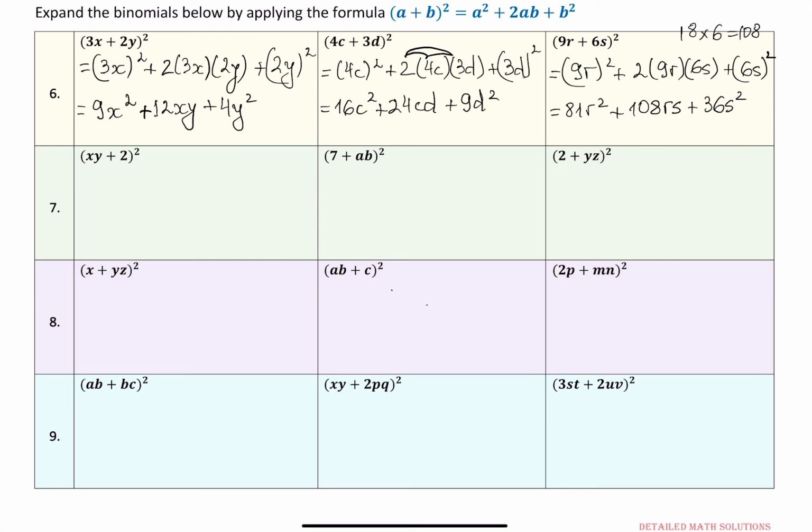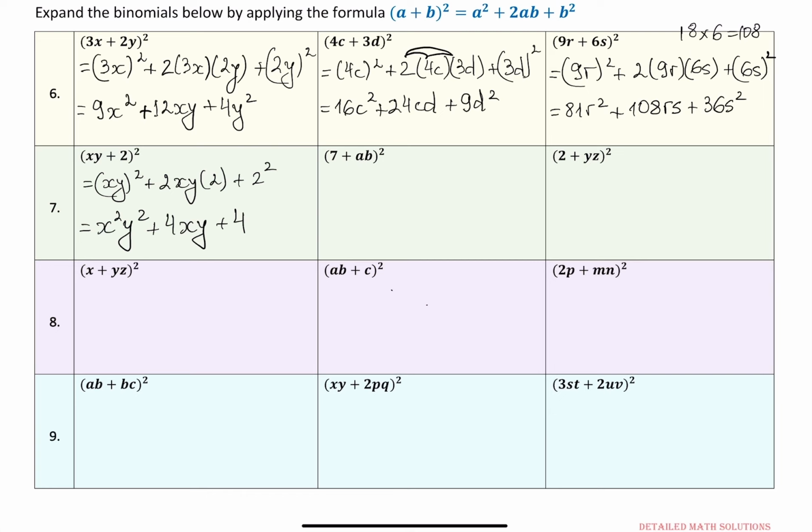Next, (xy plus 2) squared. This equals (xy) squared plus 2 times xy multiplied by 2, our second term, plus second term squared, 2 squared. This equals x squared y squared plus 4xy plus 4.